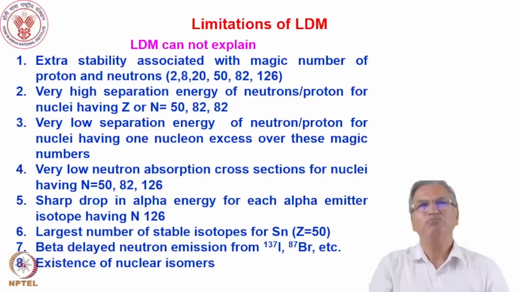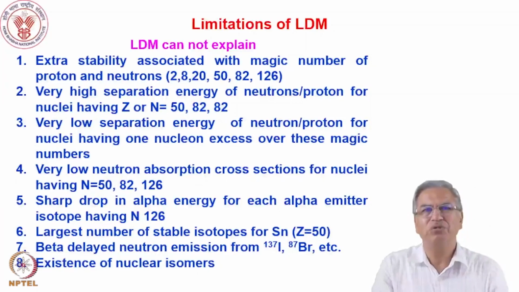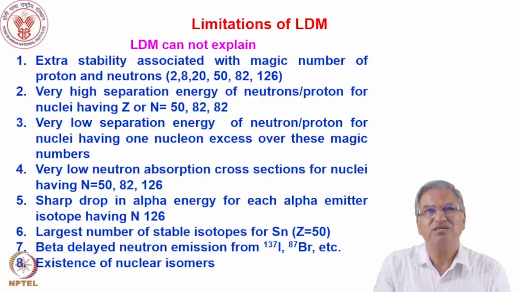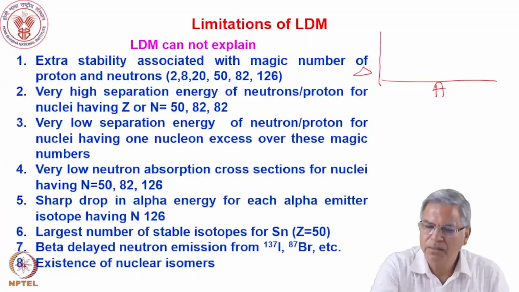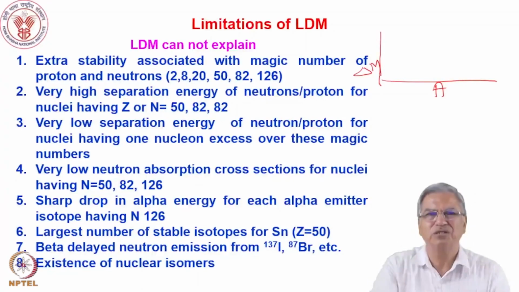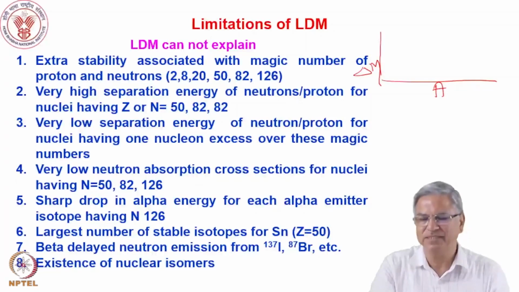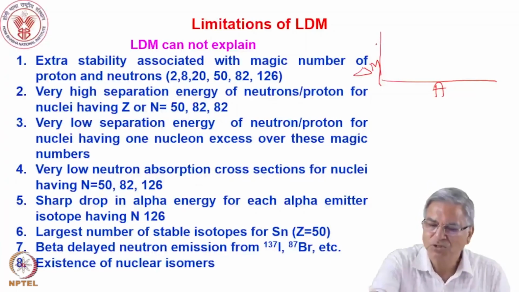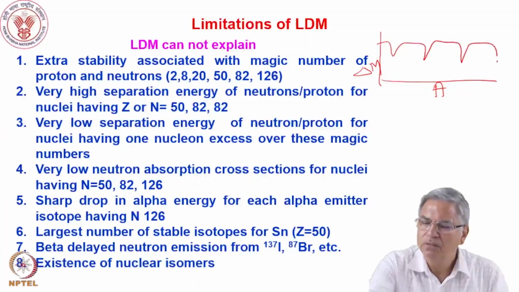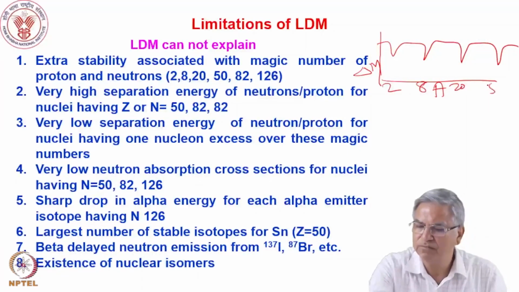The most important aspect that the liquid drop model could not explain was the extra stability associated with the magic numbers of protons and neutrons. In fact, what we discussed in the previous lecture, if you draw the difference between the liquid drop masses and the experimental masses, then we found that the experimental masses are lower than the liquid drop masses for certain numbers of neutrons and protons, corresponding to 2, 8, 20, 50, 82, and so on.